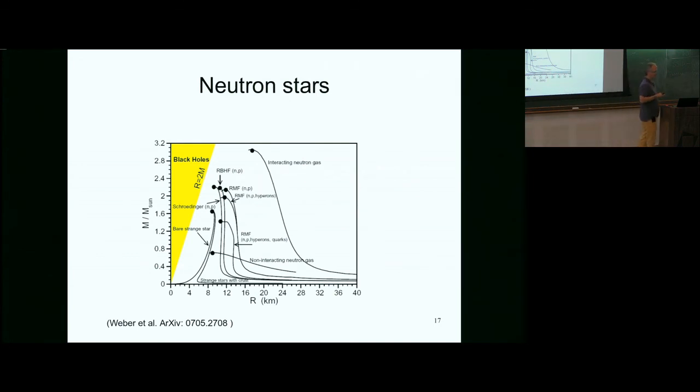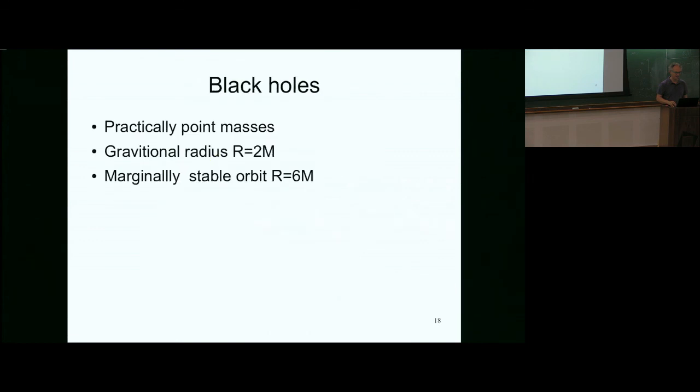But we hope to find out in the next years to come which one is true. And for the black holes, they are practically point masses, and the gravitational radius would be 2M in the only good units that we have.